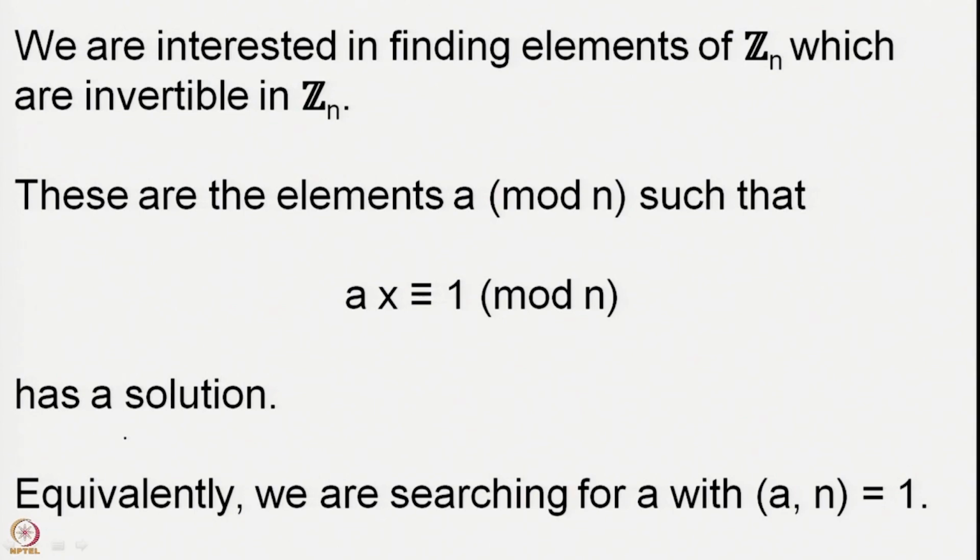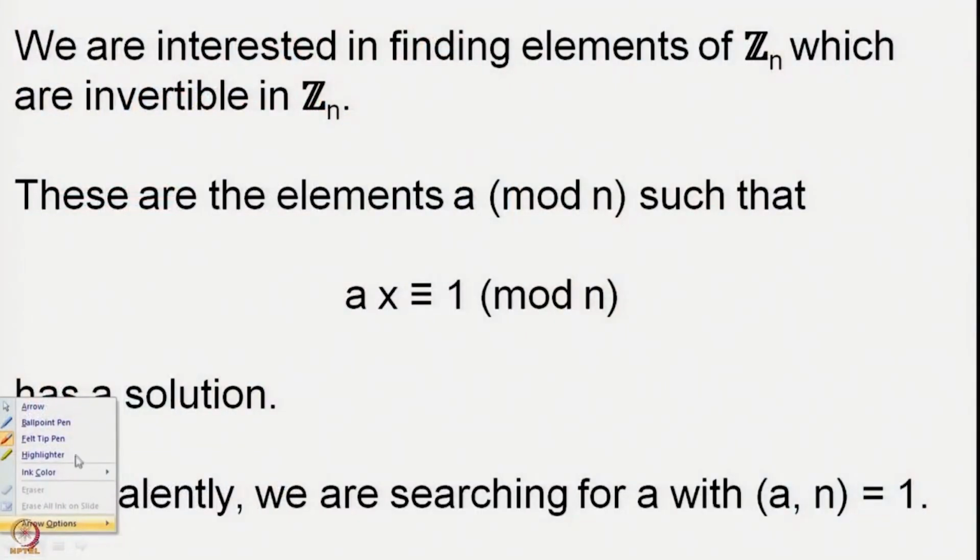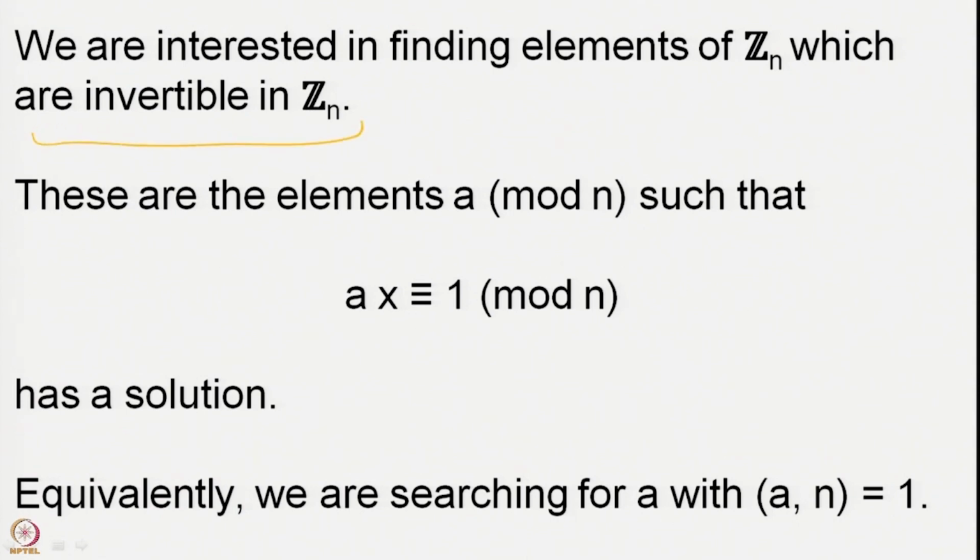So starting from something which had something to do with the multiplication in Gn, asking for elements which are invertible in Gn, we have now come up with a number theoretic concept: that the GCD of these numbers and n should be equal to 1.